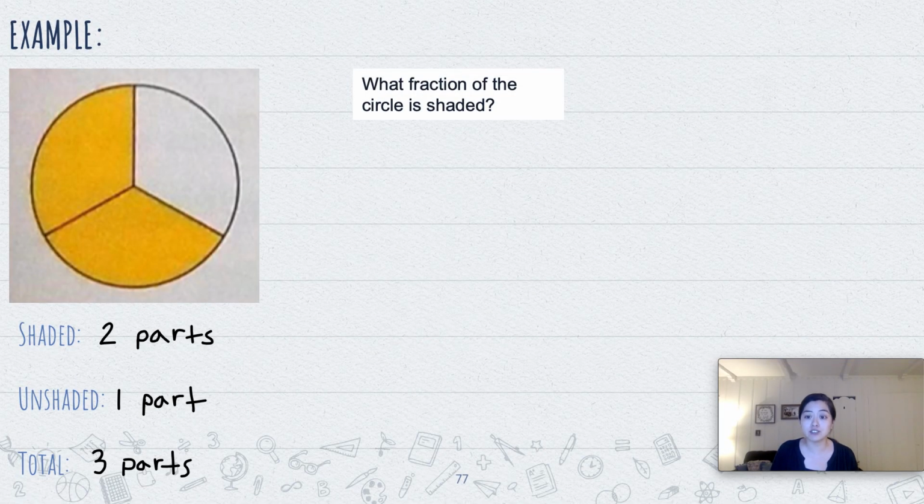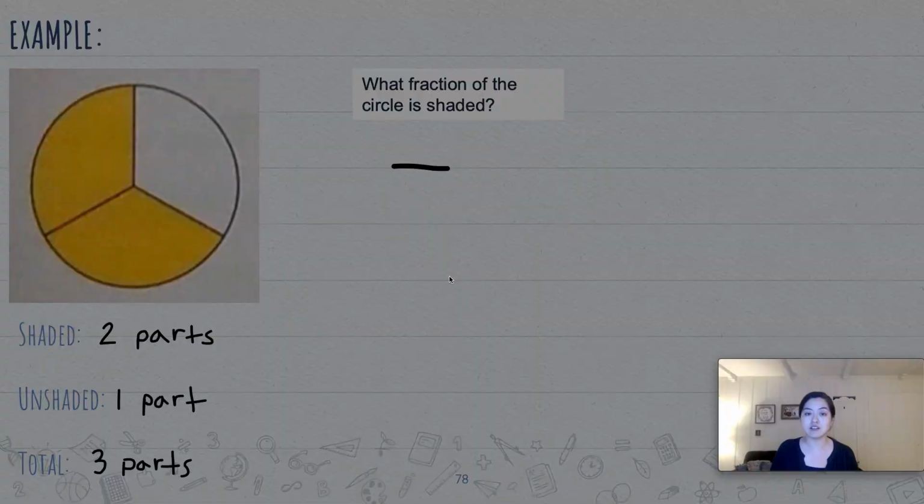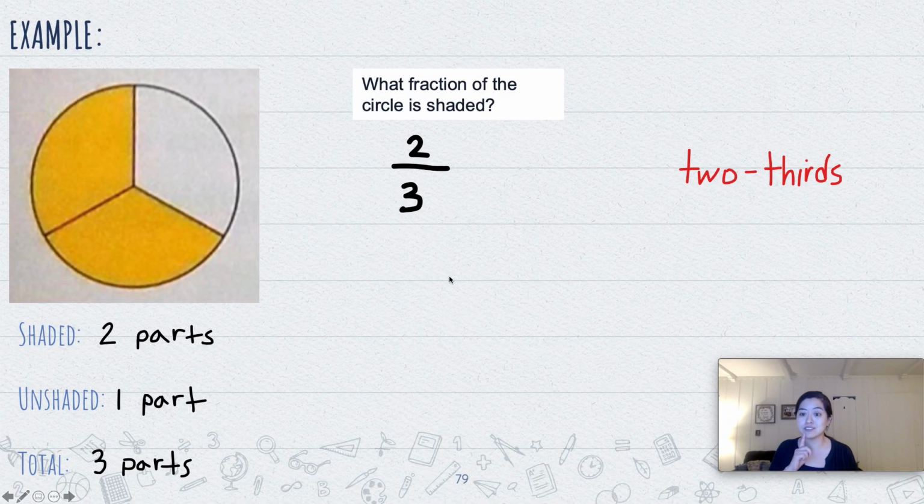What fraction of the circle is shaded? So you want a fraction, so I'm going to draw a fraction bar, and I know I need a top number and a bottom number. My top number, the specified part, is shaded. So how many parts are shaded? It looks like 2 parts. And what's my total part? 3. So it's 2 out of 3, and we say it 2/3.